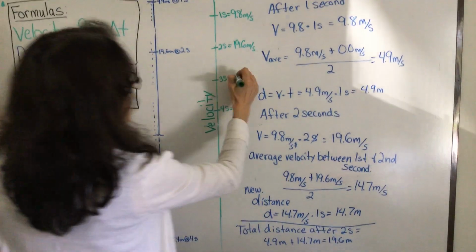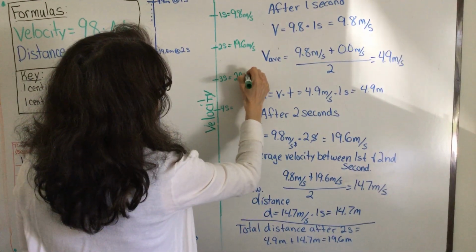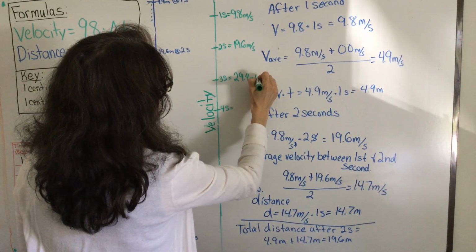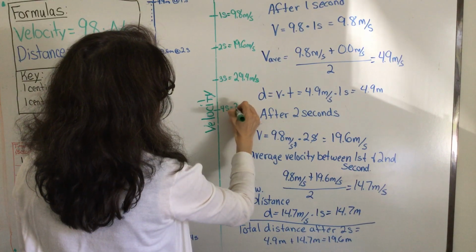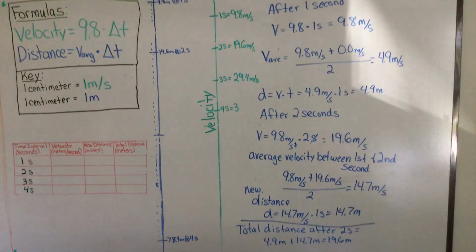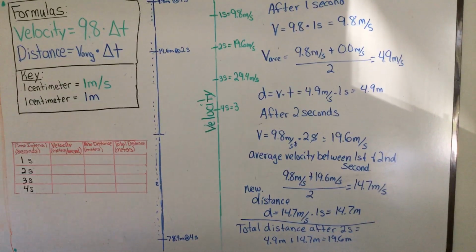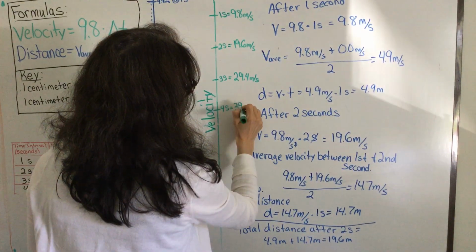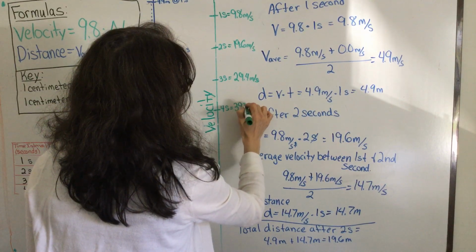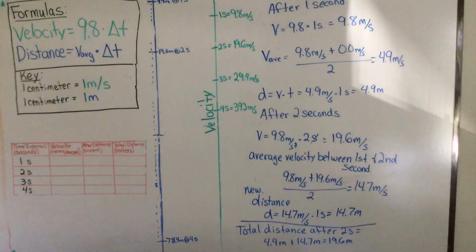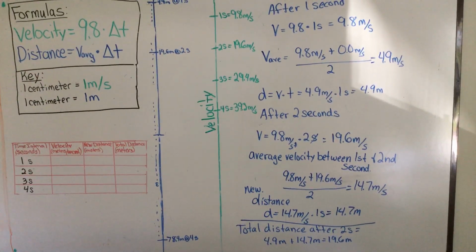So we've got 29.4 meters per second and 39.2 meters per second. All right, so that's the velocity at the end of each of those seconds.